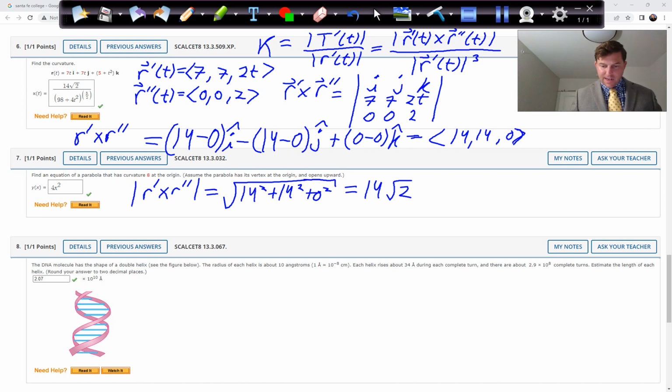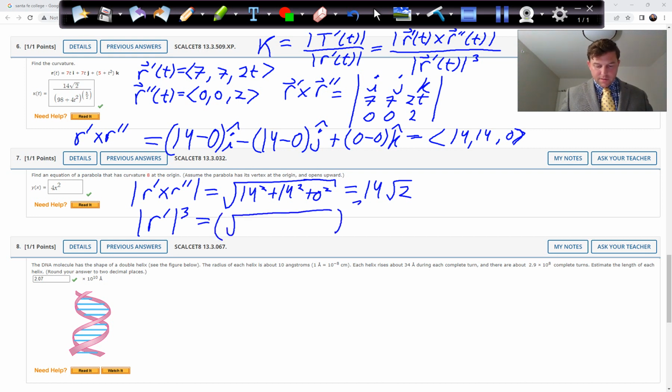Okay, that's the top. Now the bottom requires us to find the magnitude of just the r prime vector and then cube it. So the magnitude of this would be, r prime was 7, 7, 2t, so it's going to be 49 plus 49 plus 4t squared.